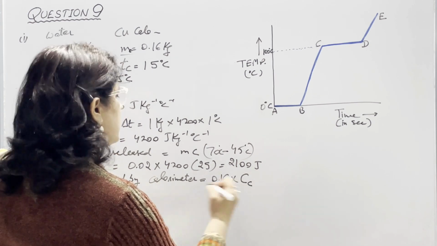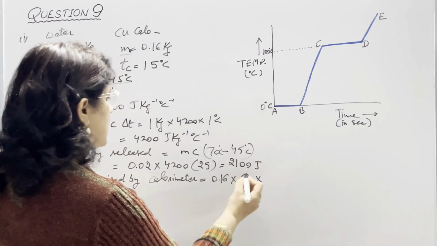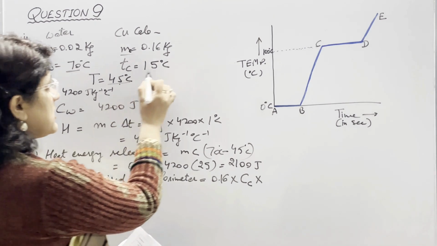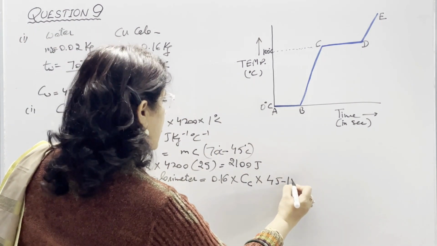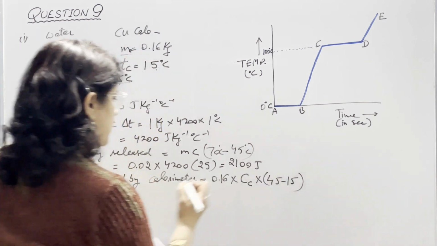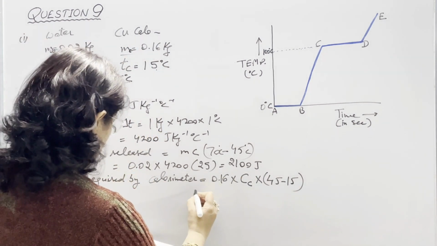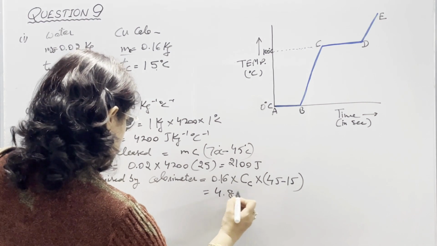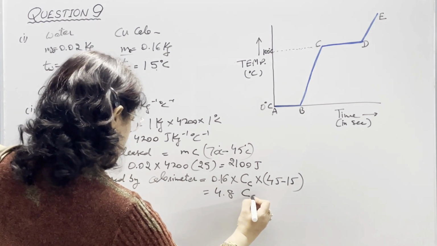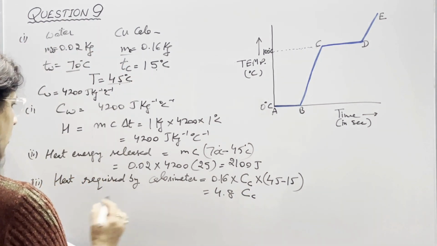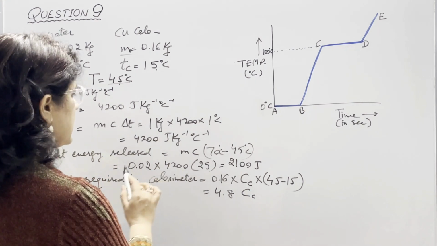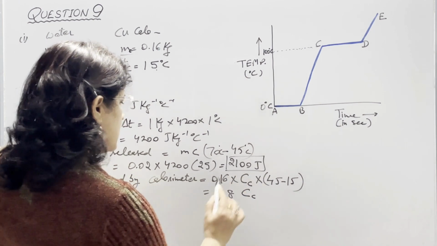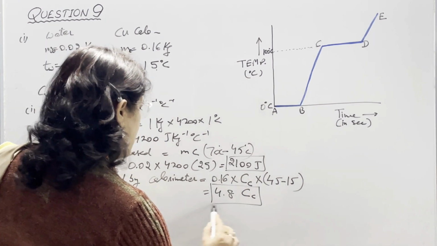C of calorimeter we need to calculate, and delta T in the case of calorimeter is final temperature minus initial temperature, 45 minus 15. So this value comes out to be 4.8 into C of calorimeter. Now we know that if this is an insulating system, then heat energy released by water is equal to heat energy taken by calorimeter.